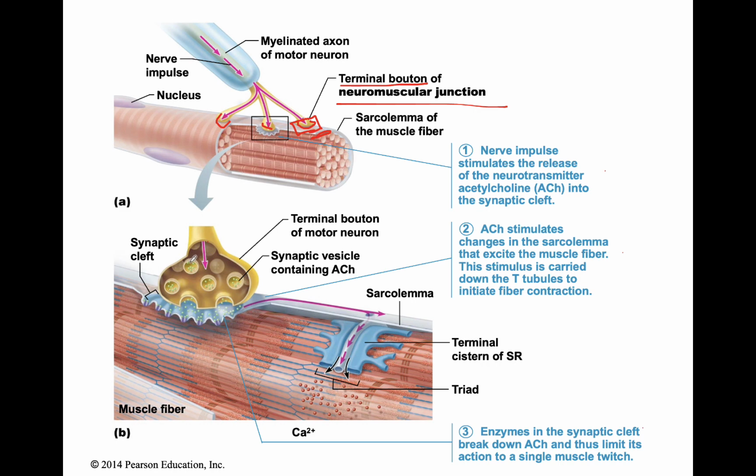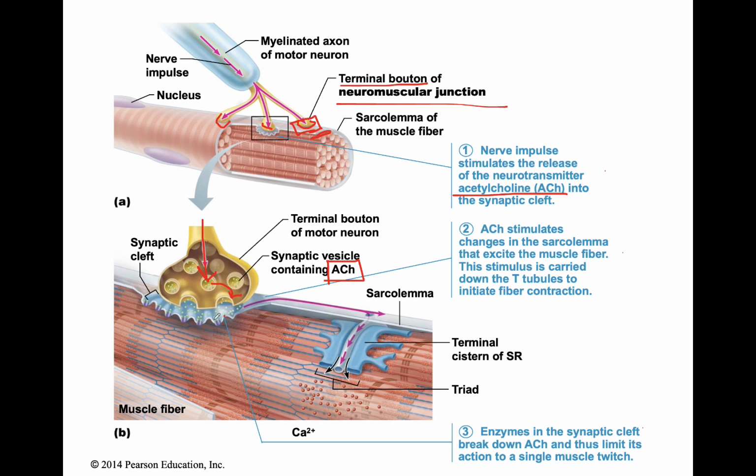Well, the neuron releases these little vesicles that are full of a chemical called ACH. Make sure you know that chemical. It is acetylcholine. So the nerve impulse reaches the end of the terminal bouton, and it causes exocytosis of ACH onto the sarcolemma.